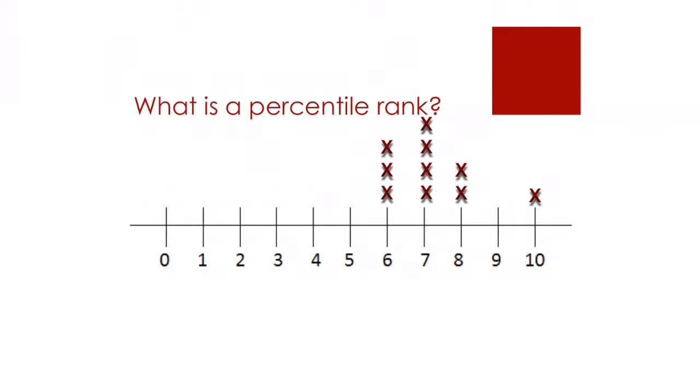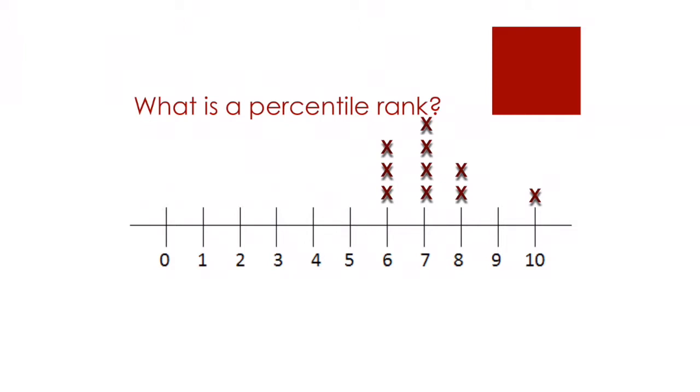Okay, so if we look at this example here, we're looking at quiz scores marked on a line plot. The quiz was out of 10, and the X's represent the number of students who earned each score. One student earned 10 out of 10 on the quiz, and we want to know what percentile ranking the student has obtained.